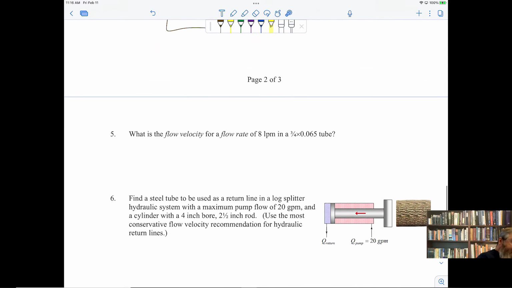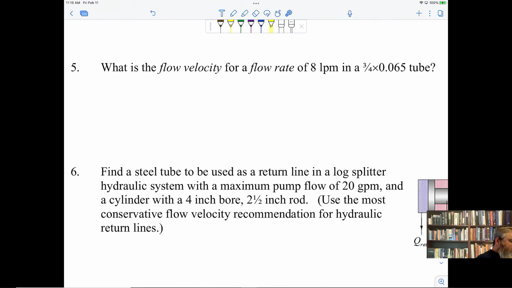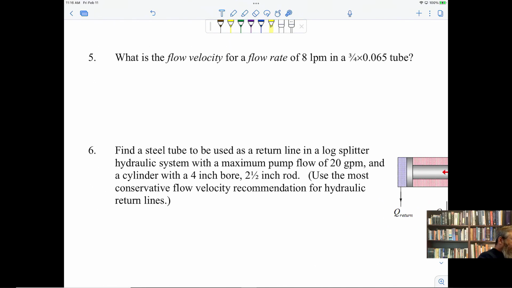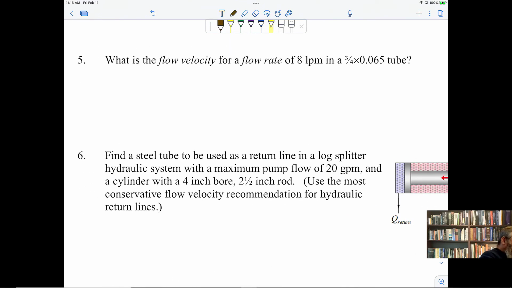So let's solve this together. Not too difficult, because if we go to the tables, for a 3/4 by 0.065 wall thickness tube, what we find in the appendix is the area, given in 2 units, I think.